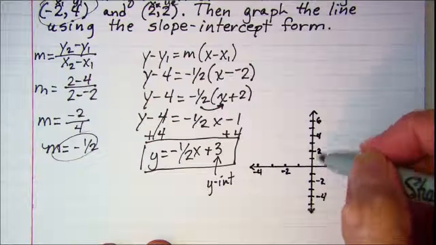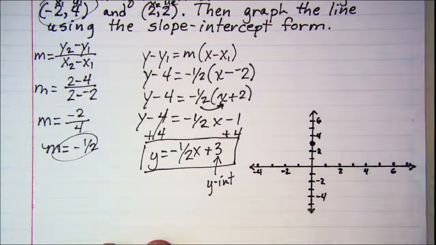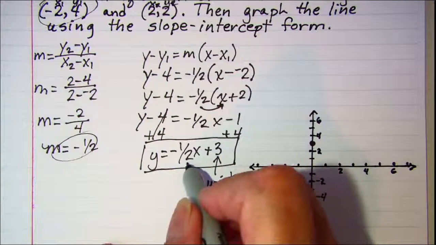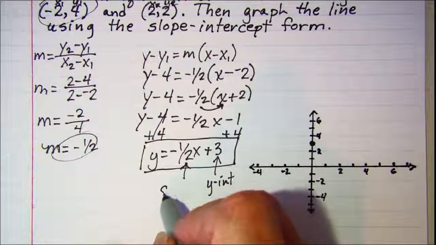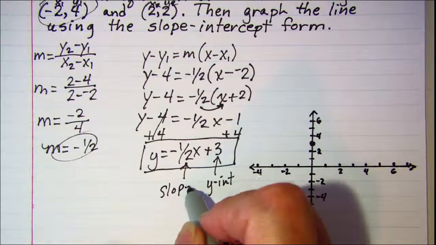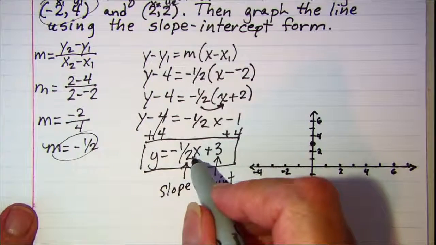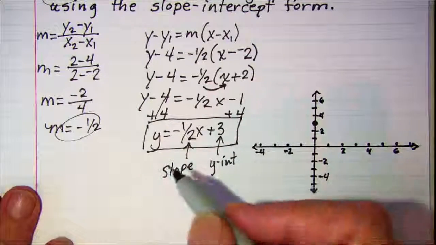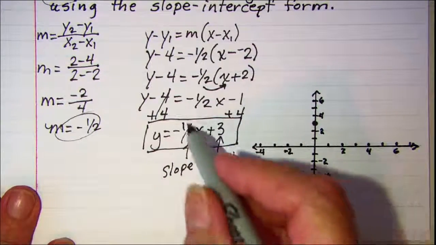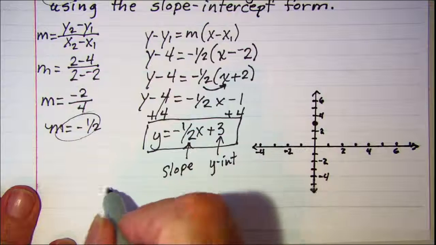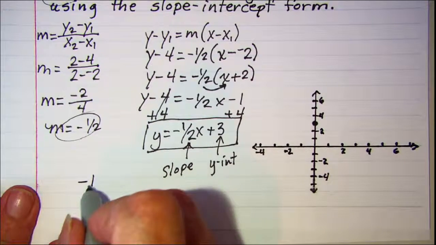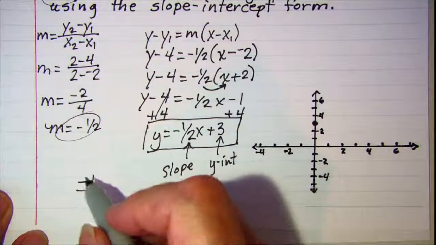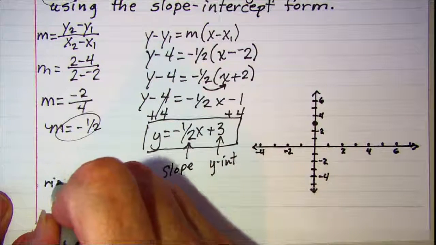So on the y-axis, I'm going to plot a point at 3. And then I know my slope is the m value in y equals mx plus b. And so I'm going to use negative 1/2. I'm going to write that as negative 1 over 2 to start. Now remember, it's rise over run.